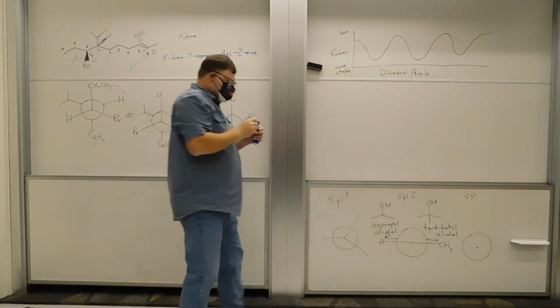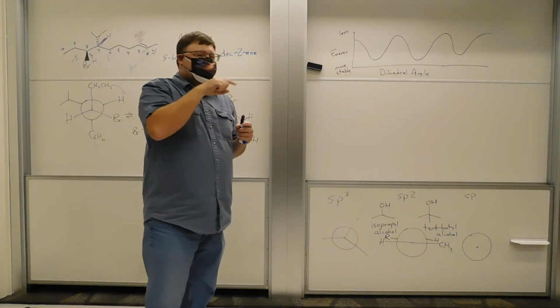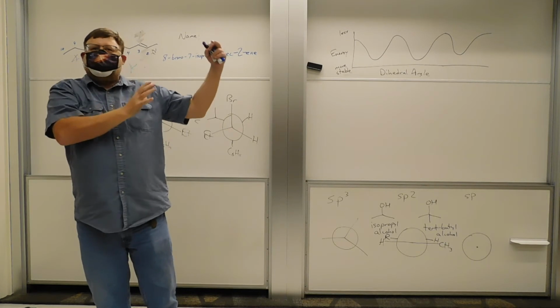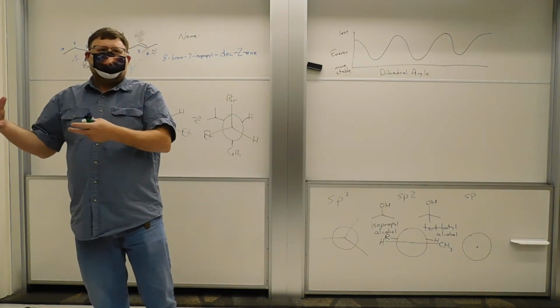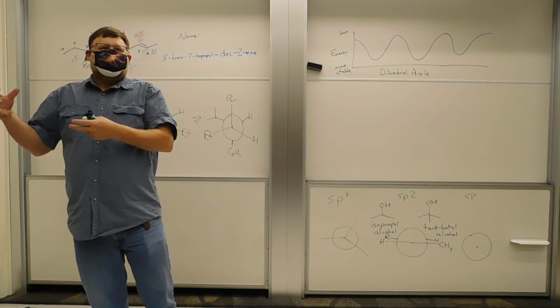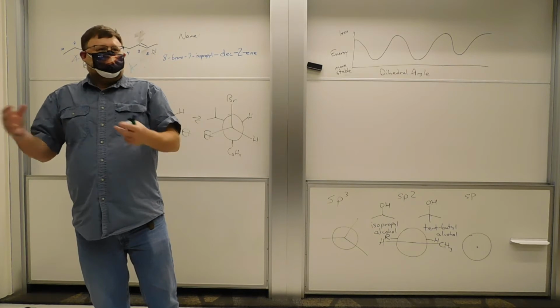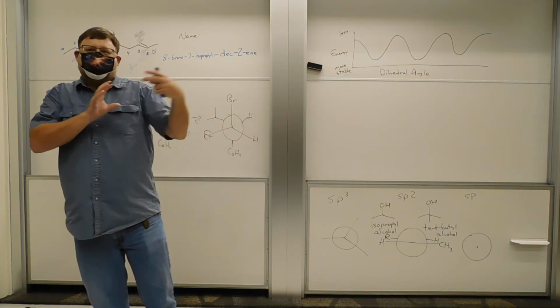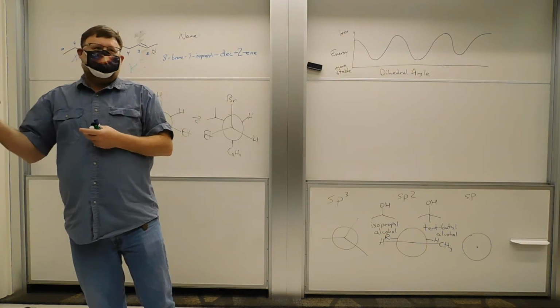All right, and you're going to see in the textbook, you're going to see me talking about it, these energy diagrams where we have energy on the y-axis and some constant about the molecule on the x-axis. The thing on the x-axis can be a bond angle, it can be a bond length, and we plot energy against it. It's a way to plot stability versus some feature of the molecule.